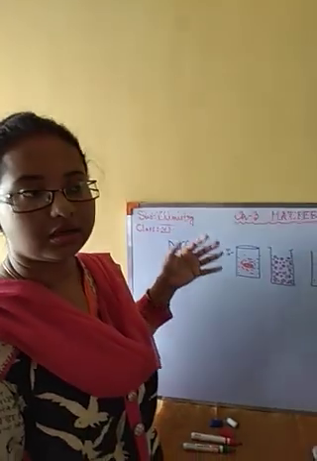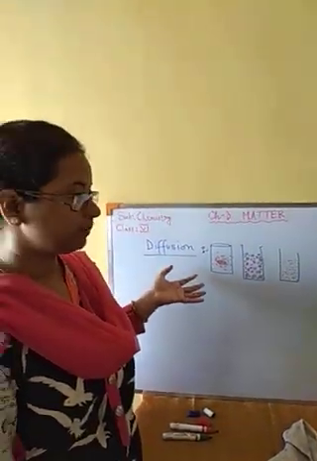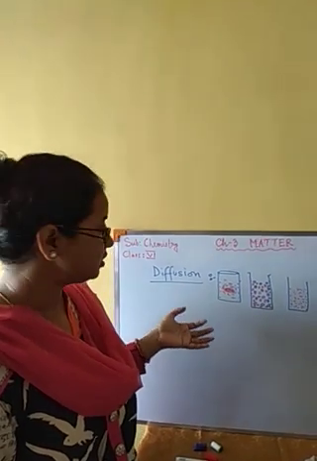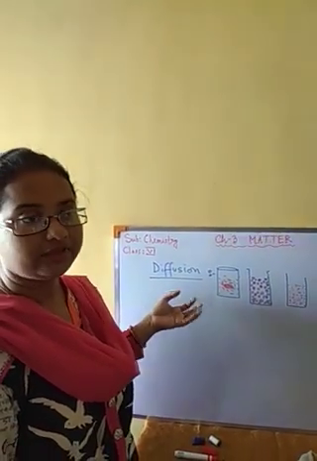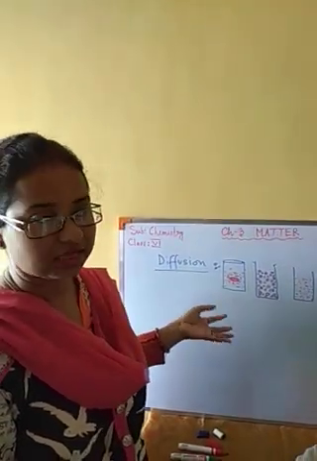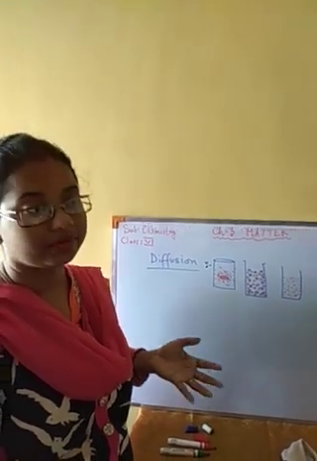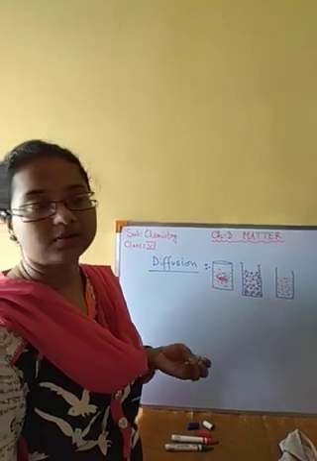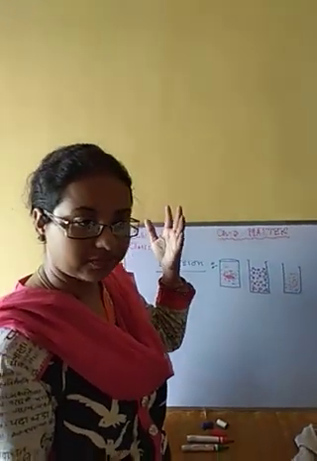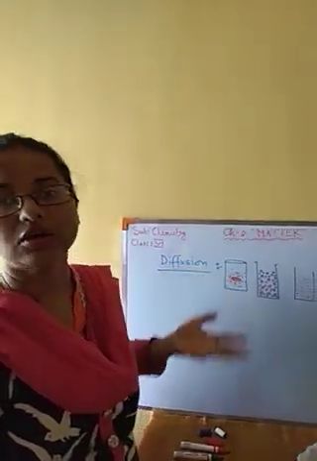There are a few more practical examples of diffusion. If we spray any perfume at any corner of the room, we can smell the fragrance of the perfume from another room or from any corner of the room.